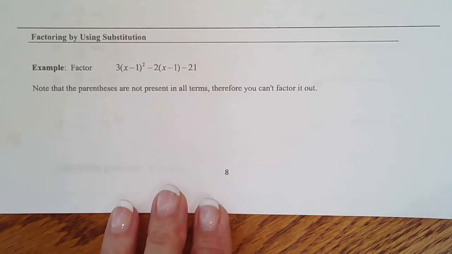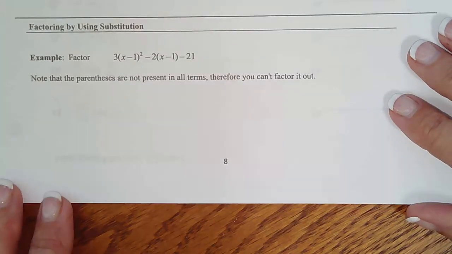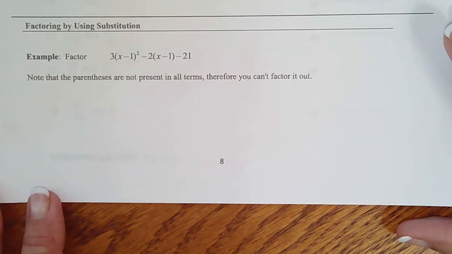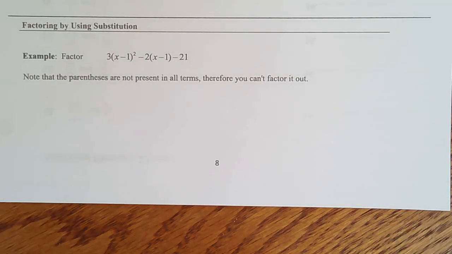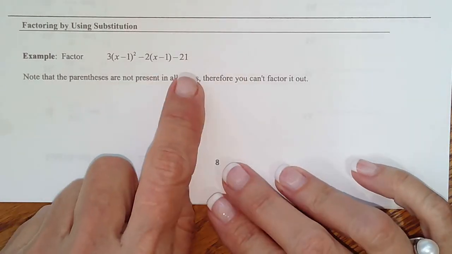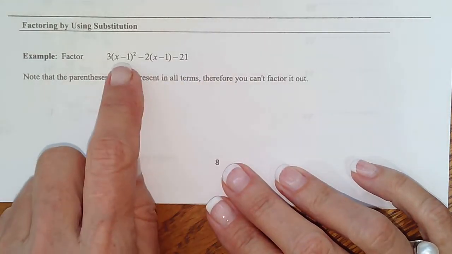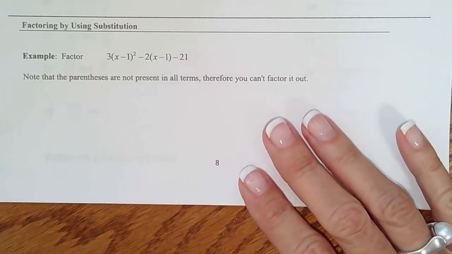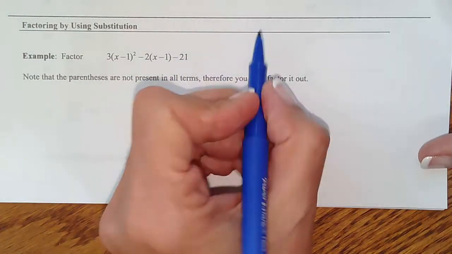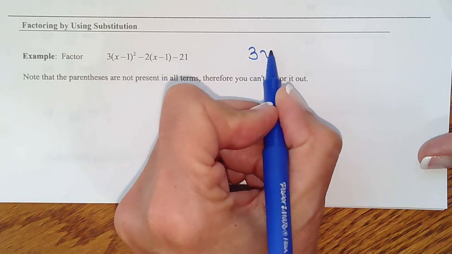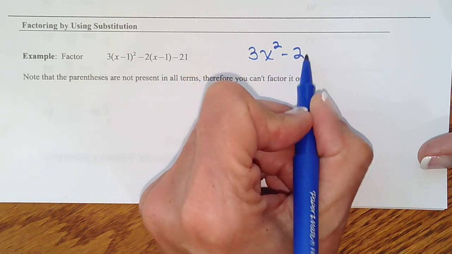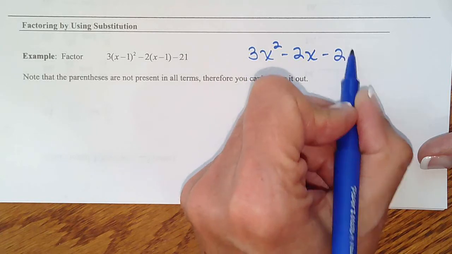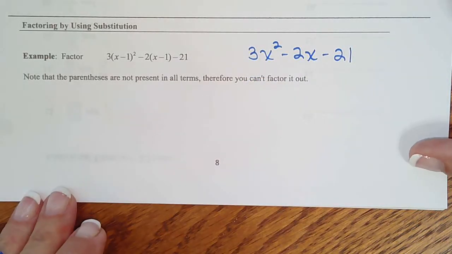Okay, the last thing we're going to do in this section is factor by substitution. And yes, this one is on the test. So when we're factoring by substitution, what we notice is it doesn't quite look like what we're used to. We're used to this, 3x squared minus 2x minus 21, right?